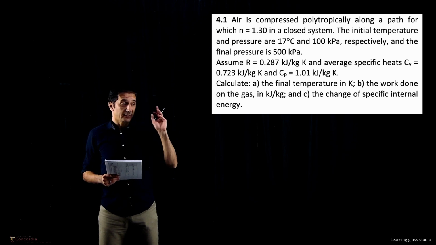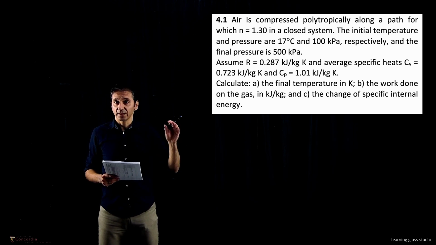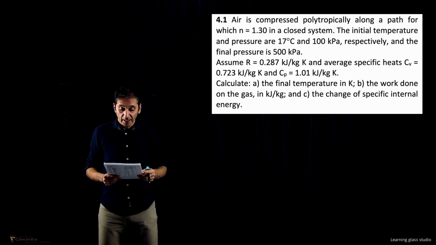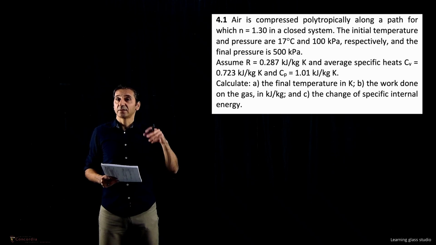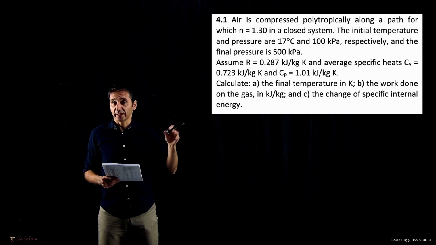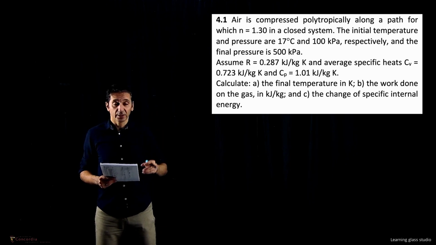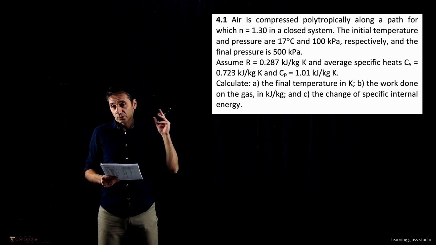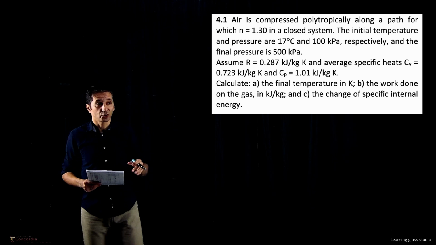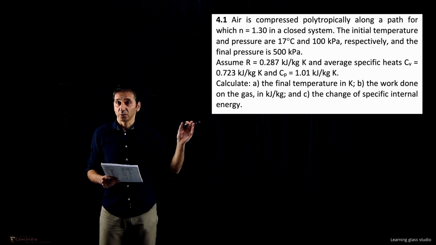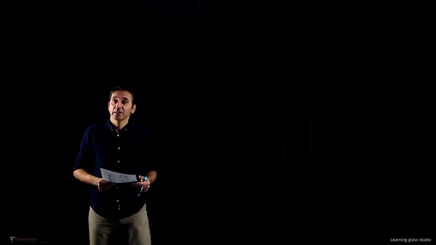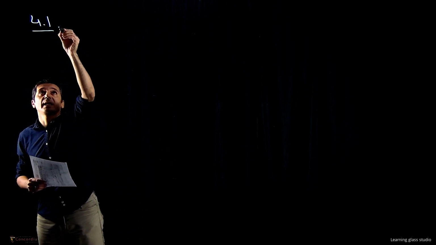We are given the gas constant for air, we are given CV and CP values, and we are asked to calculate the final temperature in Kelvin, this is T2. We are also asked to calculate the work, and the change in internal energy, meaning U2 minus U1. Okay, this is problem 4.1 on our problem pack.